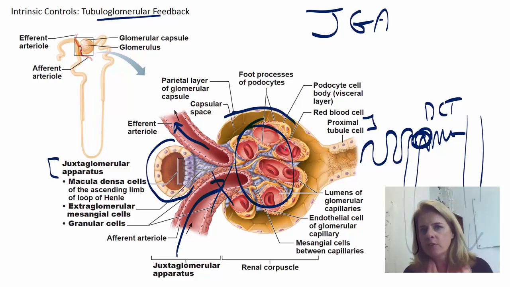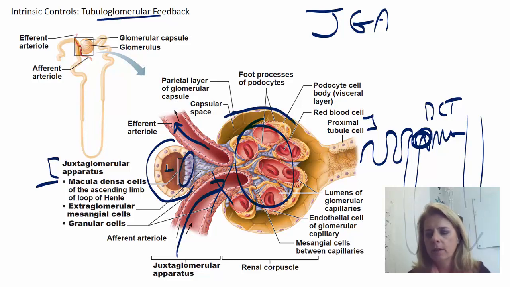But what's really special about that particular area of the tubule, what's called the juxtaglomerular apparatus, is that in this portion of the tubule you have some specialized cells called macula densa cells. They're going to be right here.